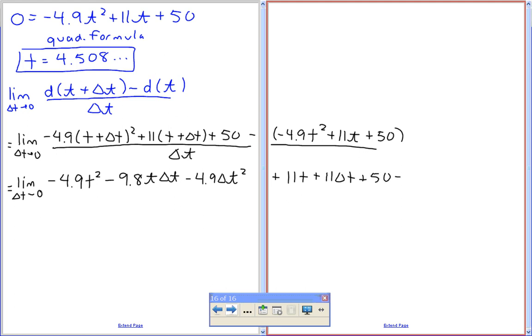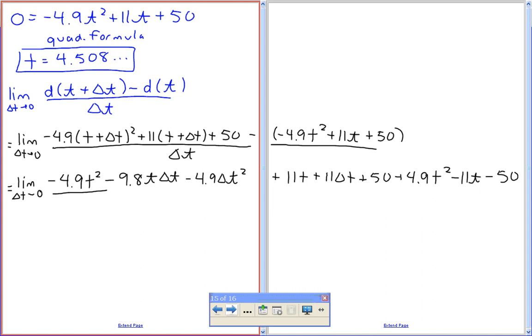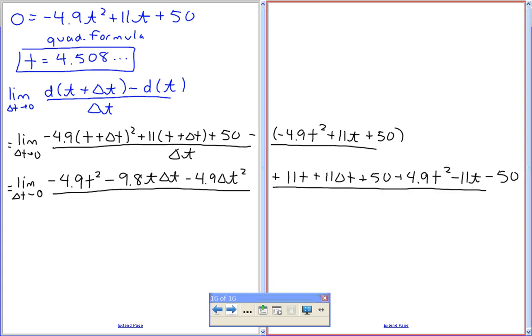Then I also distributed the negative on the brackets: plus 4.9 t squared, subtract 11t, subtract 50. Perfect. You guys are all highly intelligent individuals. I'm expecting to go from here to here without too much confusion.